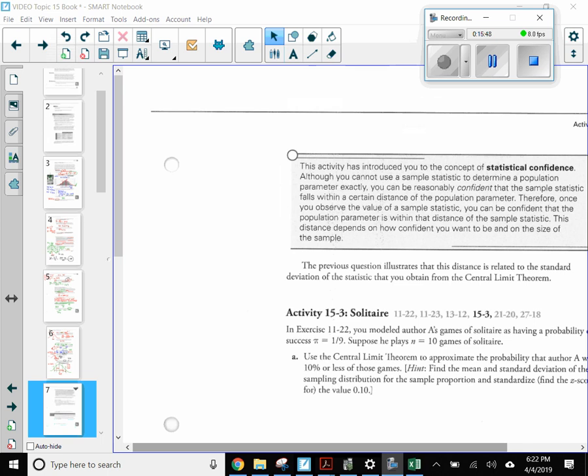This is an introduction to the concept of statistical confidence. Although I can't use a sample statistic to determine a population parameter exactly, I can be reasonably confident that the sample statistic falls within a certain distance of the population parameter. That's what we found right here.